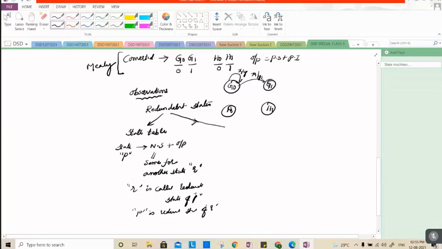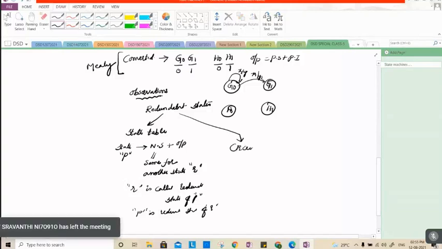Another place where you can notice this redundancy is the circuit diagram.